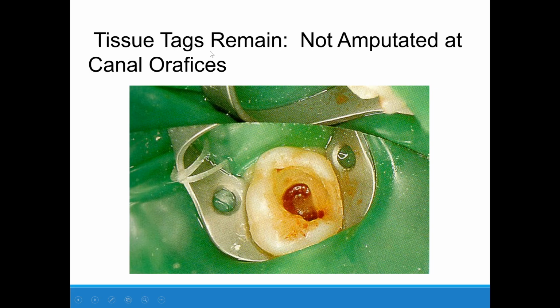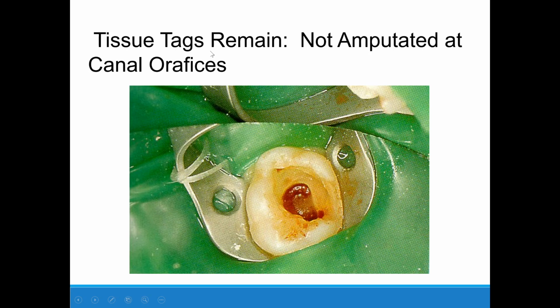Maybe it was a mistake, we did not amputate pulp in canal orifices. So we remove the pulp deeper because it was just in orifices, and after that we see that hemostasis was achieved, and we put medicaments and liners.